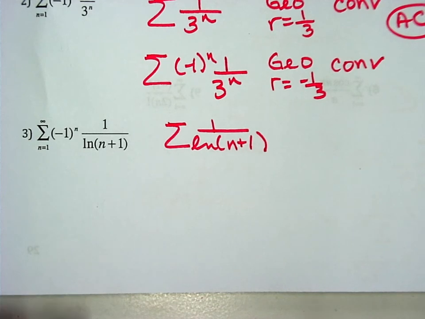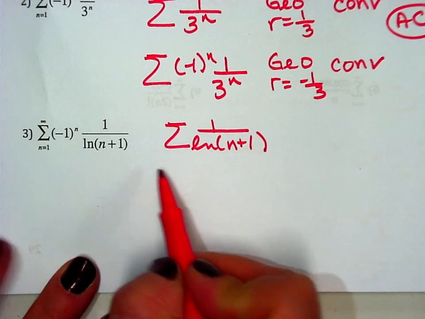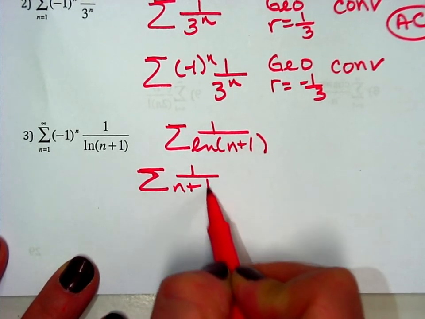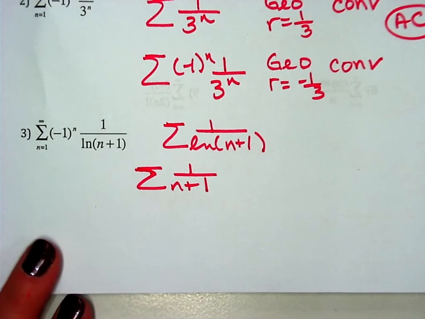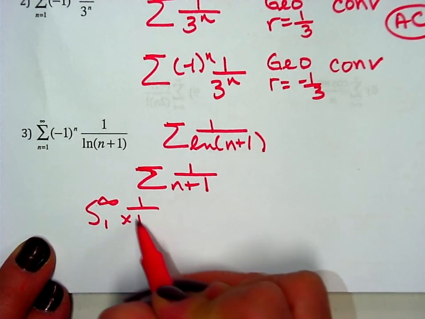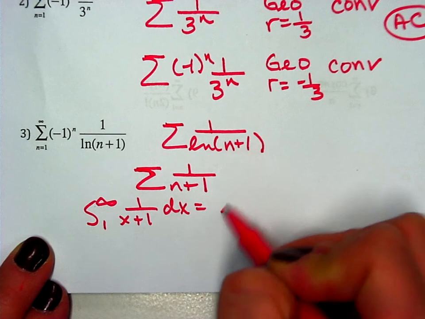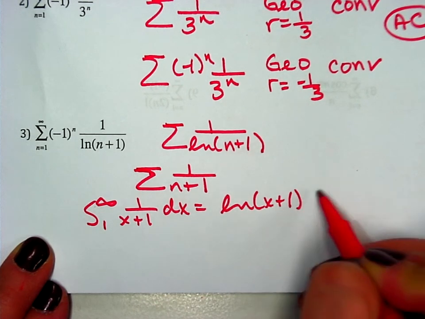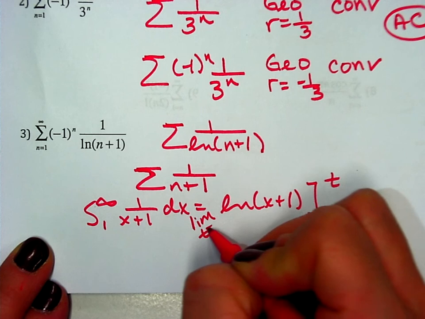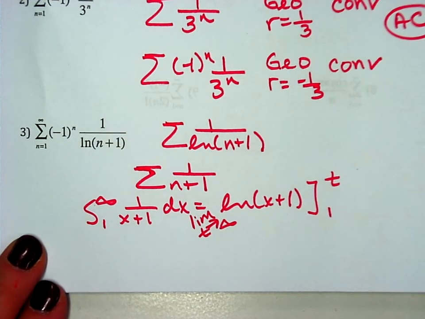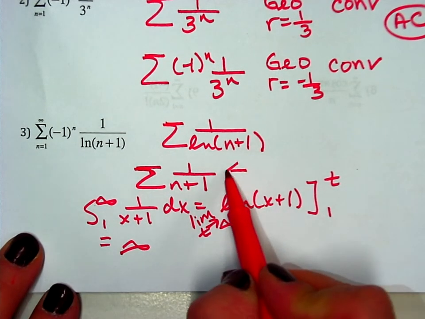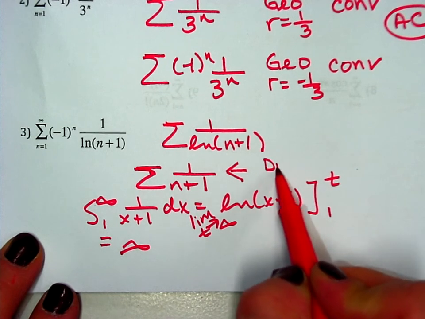I'm going to compare it to 1 over n plus 1. And I know if I use the integral test and integrate 1 over x plus 1 dx, this is the natural log of x plus 1. Forgot my limit sign. If you take this limit, it is infinity, so I know that this diverges because of the integral test.